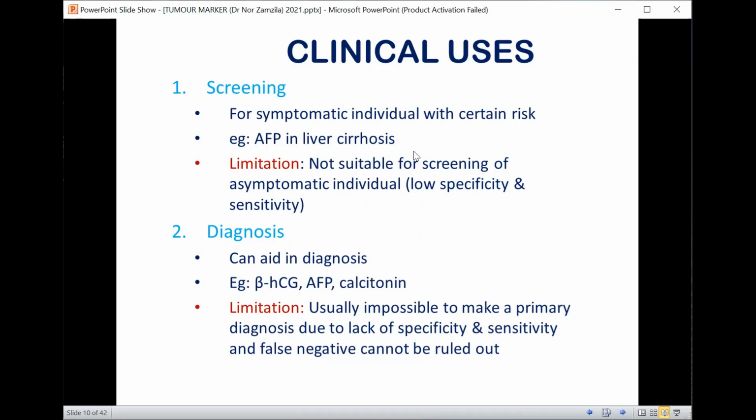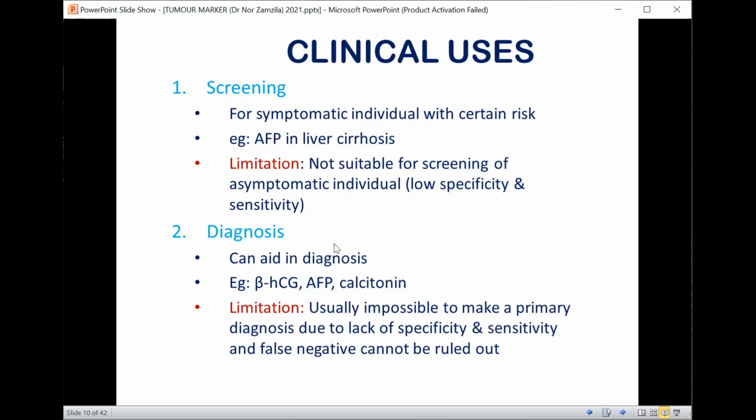But AFP is not useful to screen the general population or those who are asymptomatic. It is only suitable to be used for screening in certain individuals with certain risk. So remember, in most cancers, tumor markers are not suitable to be used for screening, except for the one that I mentioned.